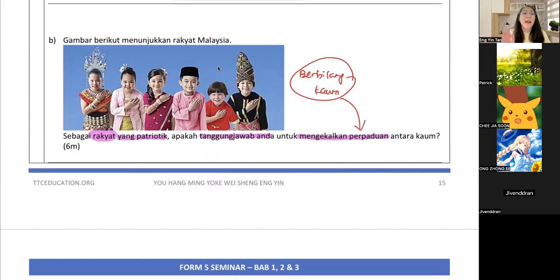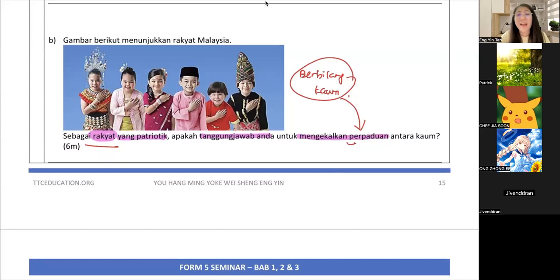So don't tell me, just now I got a student tell me, teacher, create policy. Hello, you are a citizen, how to create policy? You are not even the government leader. You are not involved. Right now, they're asking you, you are just a normal citizen, biasa punya, and you are berbilang kaum, how to make sure it's perpaduan.